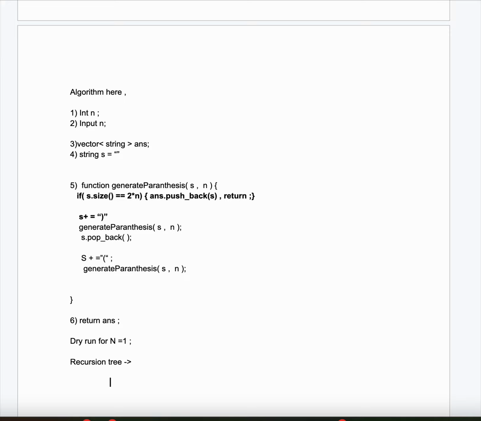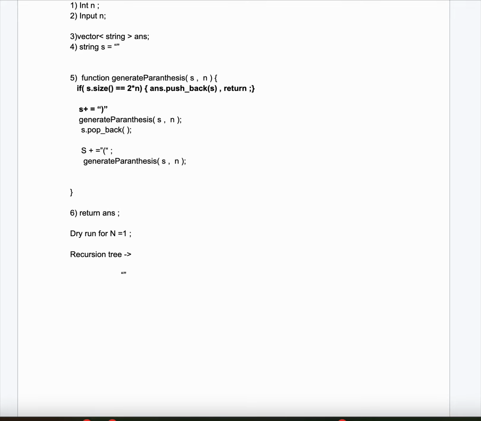In the beginning we have an empty string. First we will put down the opening bracket. Here we have put down the closing bracket.